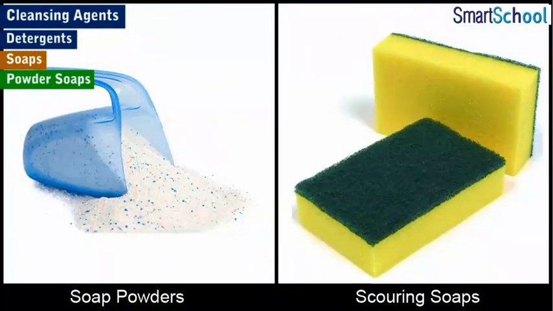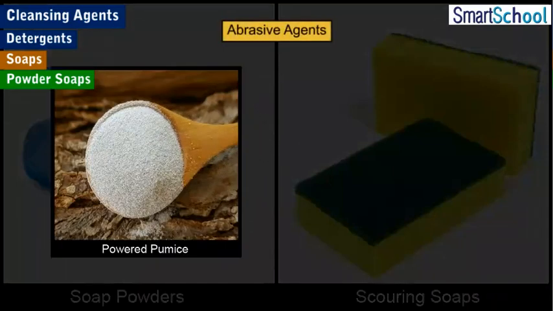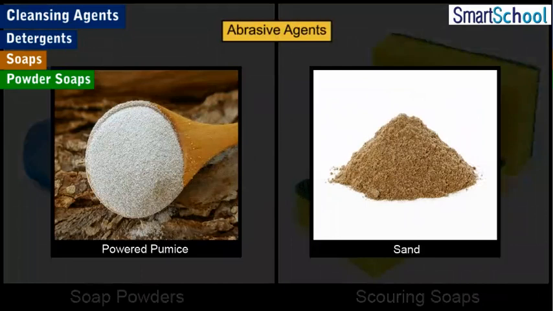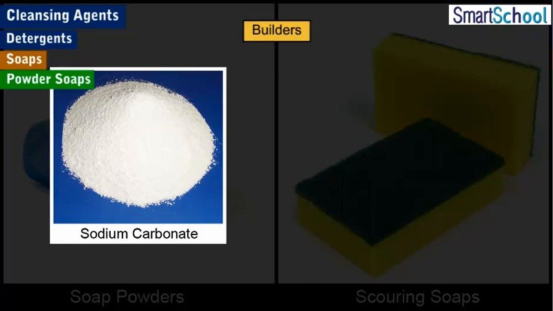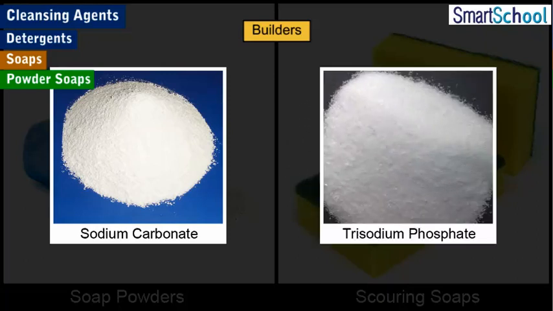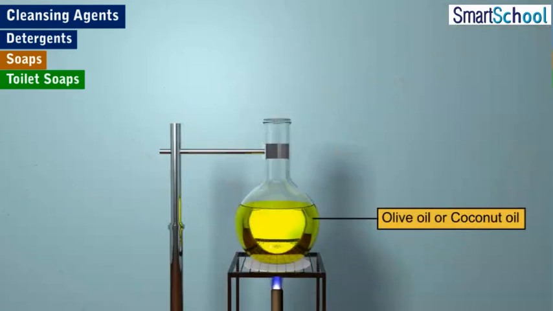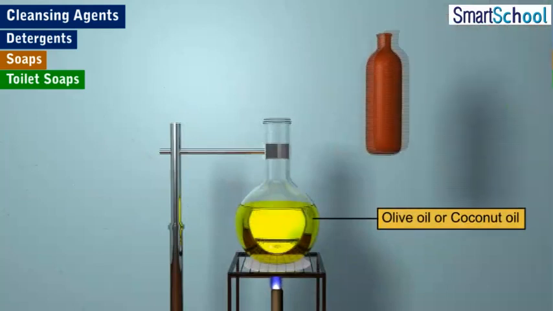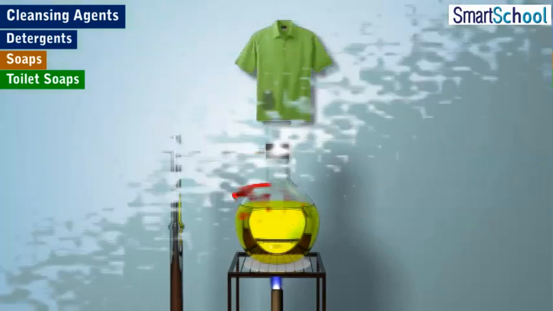In preparing soap powders and scouring soaps, an abrasive agent such as powdered pumice or finely divided sand is added, along with builders such as sodium carbonate and trisodium phosphate. The builders enable the soap to act at a faster rate. In preparing toilet soaps, good quality fats and oils are used and excess alkali is removed. Perfumes and colors are added to make them attractive.